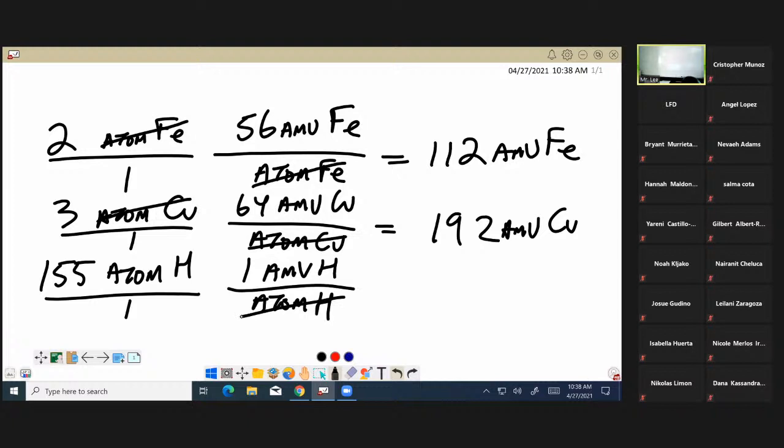Let's round that off, and that ends up being 155. I believe on the answers they actually used 1.01. It came to 157. So, oh, sorry about that, I said copper; hydrogen. Okay, so there you go.